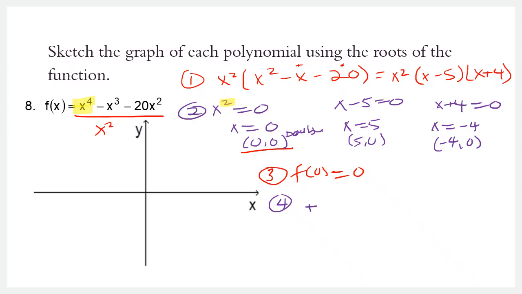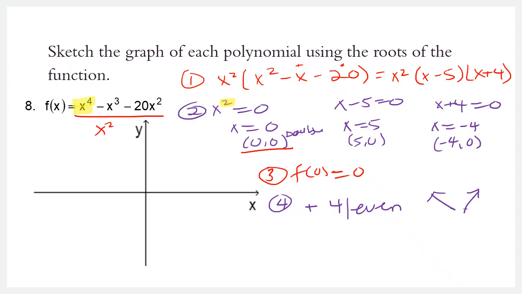We have a positive leading coefficient, and we have a fourth degree, which is even. So that means that on the right side, we're going up. And if we're going up on the right, and because it's even, we're also going up on the left. So now let's get to graphing.